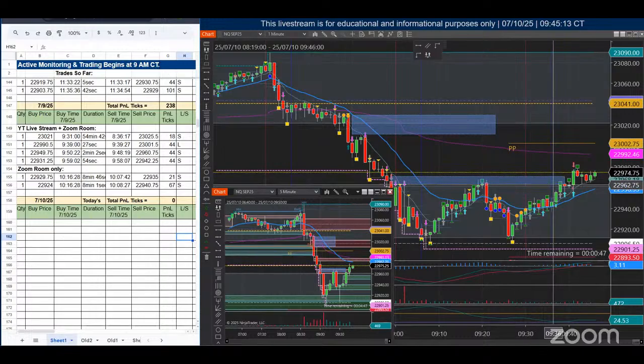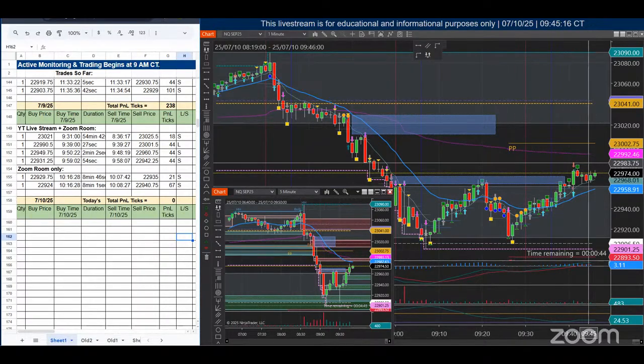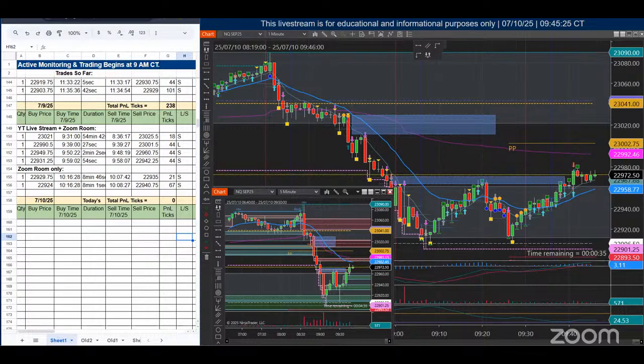So and this is again, range break to the upside. This one with a different account. So now if this break is successful, it should keep going higher.